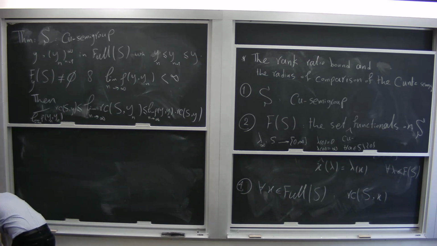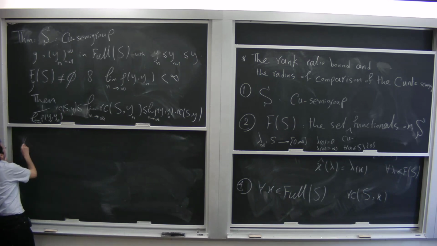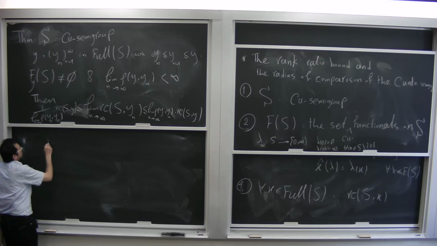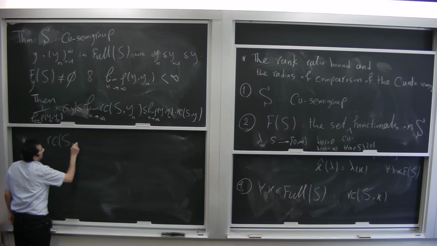So, what else? Considering that, we also define another function called the radius of comparison function. What is this function? It's just simply RC of S and dot.